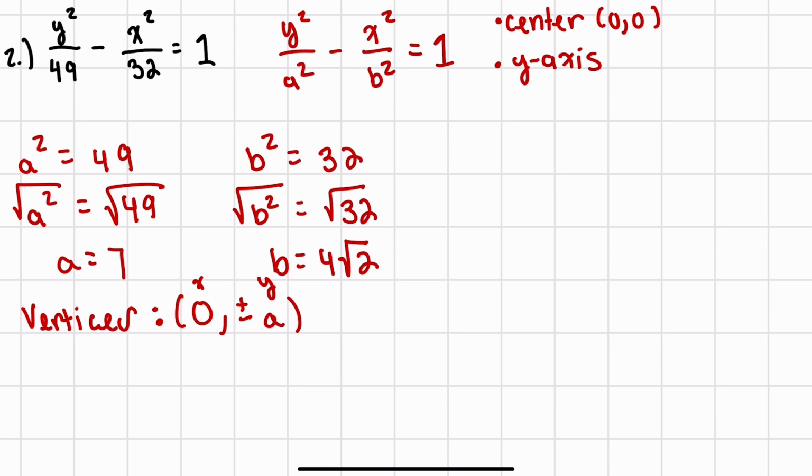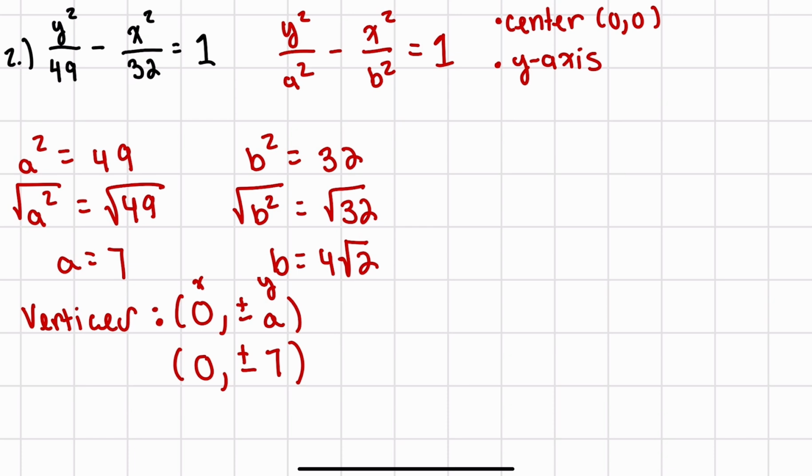We do not need to worry about b in this case. B will not be relevant. Let's plug in a is equal to 7 onto our y point, and we will get 2 points: (0, positive 7) and (0, negative 7).